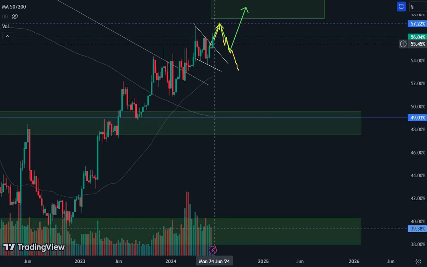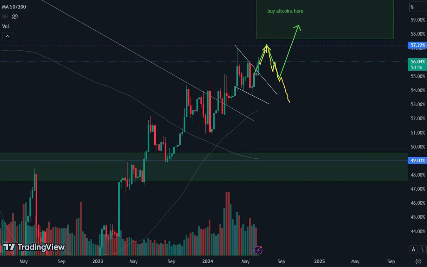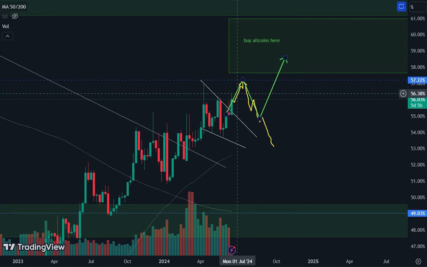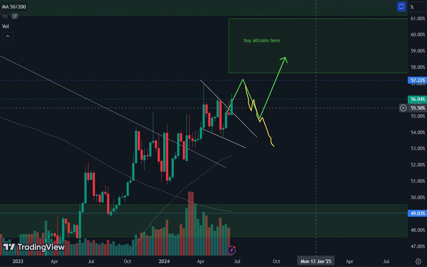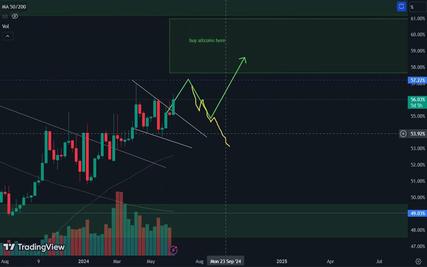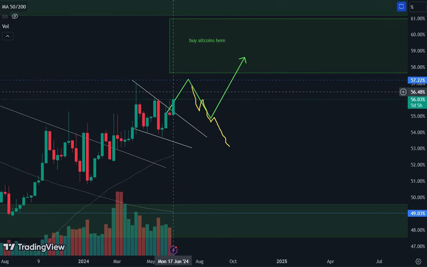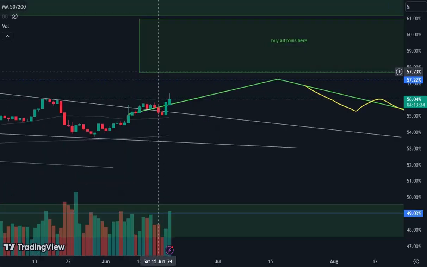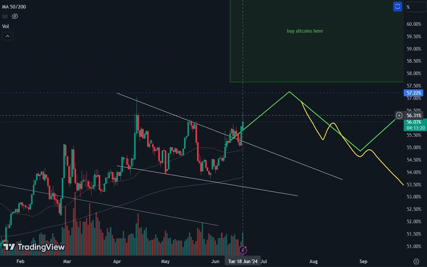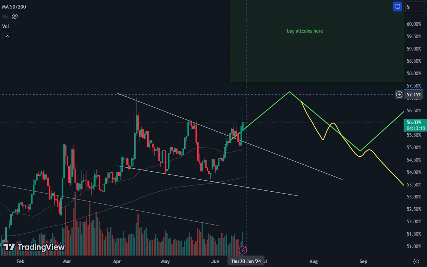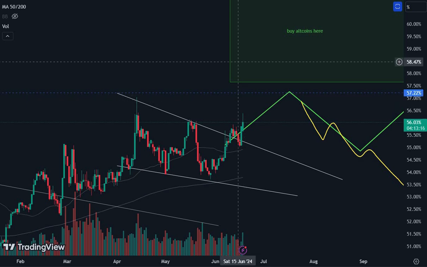Let's just clean it up really quick. We just broke this falling wedge, and I told you guys that we would see 1 or 2 moves upwards. We had a retest, and we're gonna continue going to 56, 57, and it's a great moment to accumulate altcoins, as I said before in my videos.